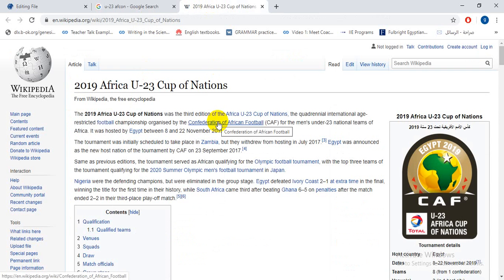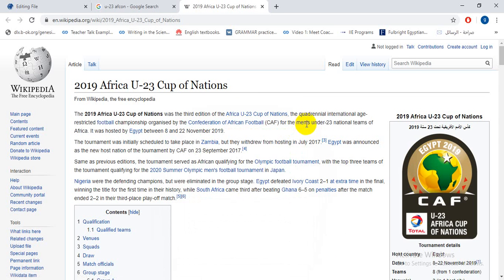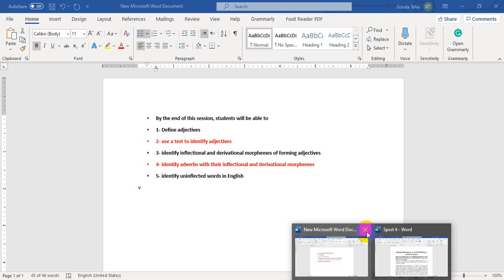I'm going to find out what it means. The Africa U23 Cup of Nations was the third version, and so on. It's a competition organized by the Confederation of African Football for men's under 23 national teams. المنتخبات الوطنية تحت سن 23. So now it makes sense, right?